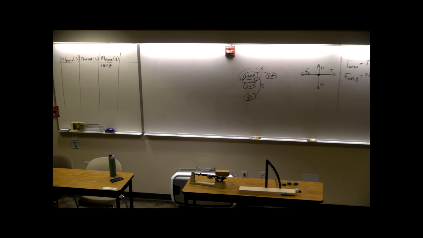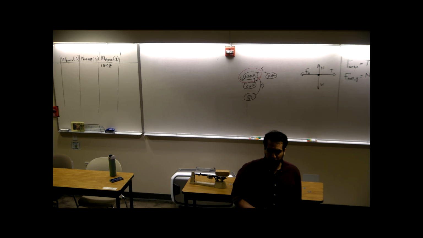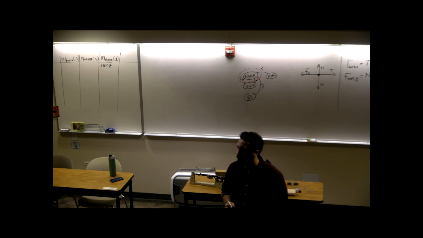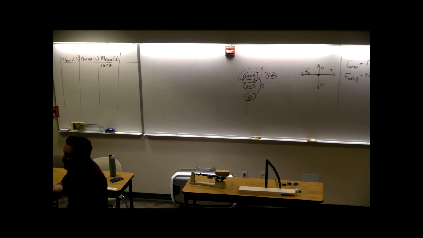No, why not? You have to make it into kilograms. We have to first convert to kilograms. So 150 grams is how many kilograms? 0.15 kilograms. We multiply it by the acceleration due to gravity, 9.8.